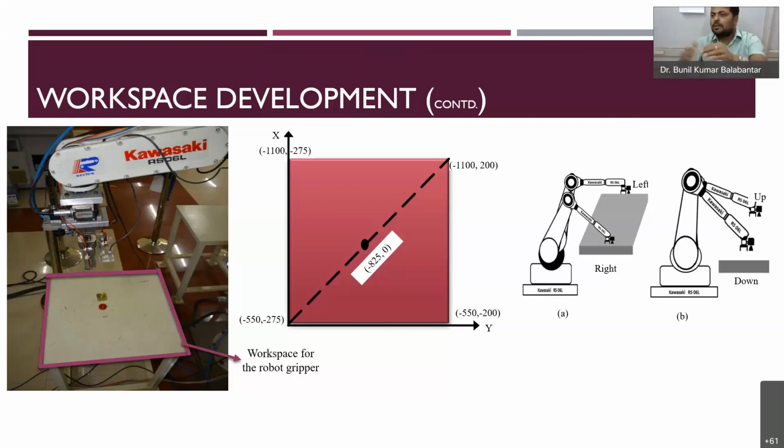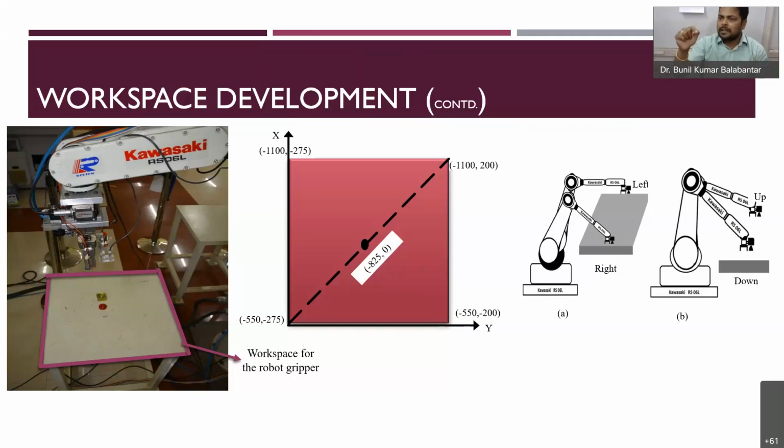What is in the robot workspace, what are the coordinate values? Because there will be 2 coordinate systems here. One is the robot coordinate system and another is the world coordinate system. The table is in the world coordinate system and the robot gripper is in the robot coordinate system. So you have to have a proper mapping of that. So you have to apply a mapping function here.